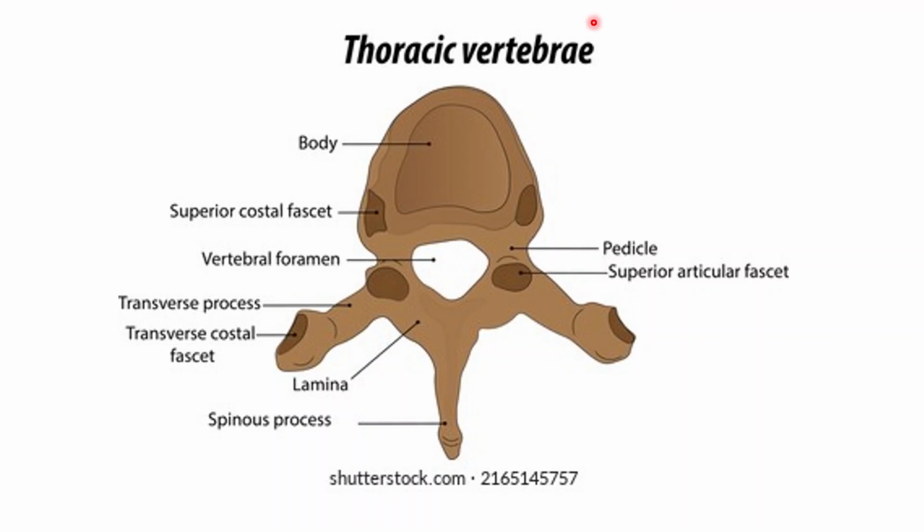Now, as you can see here, the body of the thoracic vertebra is more heart-shaped, and the vertebral foramen is more constricted or smaller than the cervical vertebra. The spinous process, on the other hand, is very straight and long, and is pointed directly inferiorly. So it points right down.